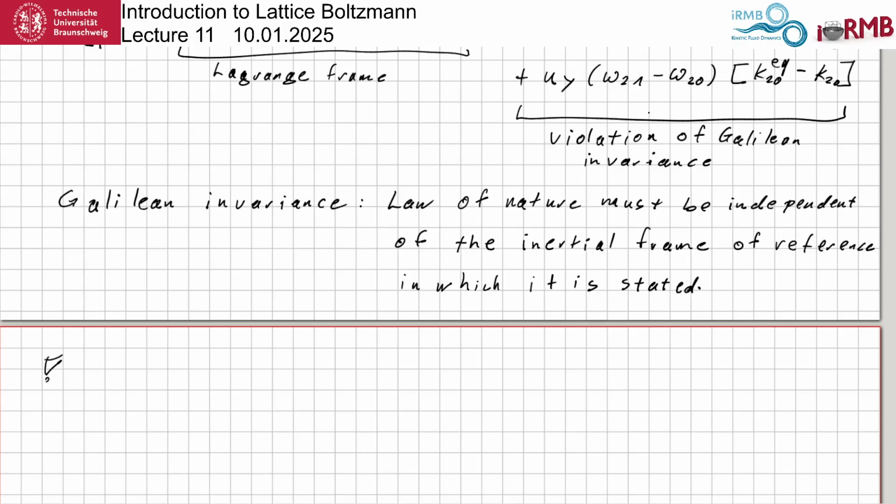So this means that MRT cannot be physically correct, because nature does not allow this to happen. So a third order moment is not Galilean invariant.